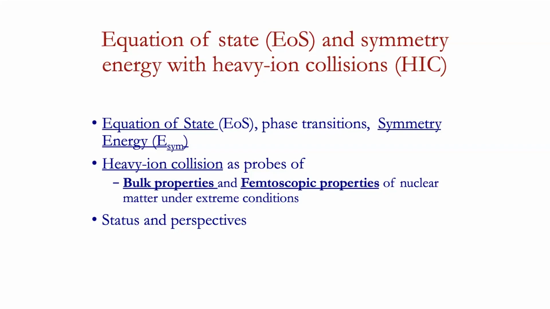And I will show you that heavy ion collisions are actually a very multi-purpose laboratory where you can study bulk properties like the equation of state, nuclear matter, but also what I call femtoscopic properties that are more related to the size of femtometers. So properties, actually we can measure those sizes thanks to particle-particle correlations. Okay, so it's like the other side of the coin.